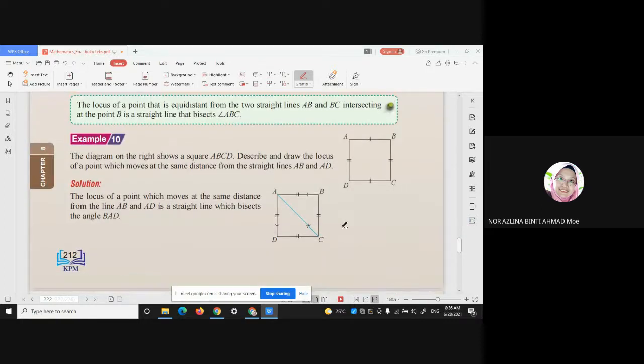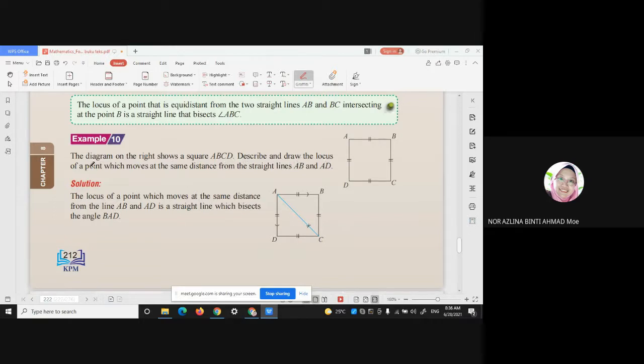Okay, next, example 10. The diagram on the right shows a square ABCD.